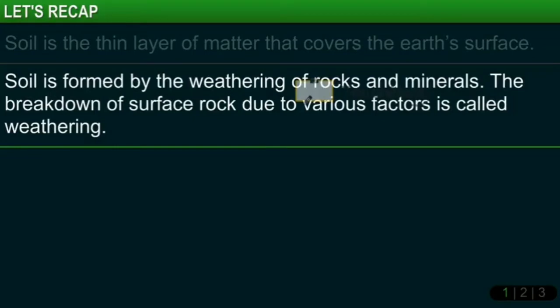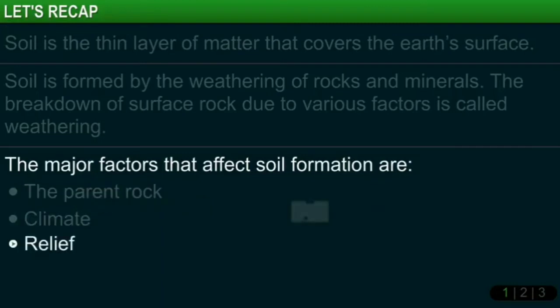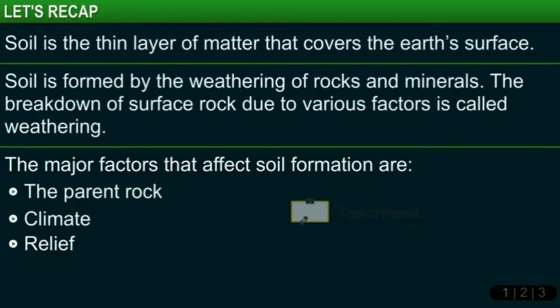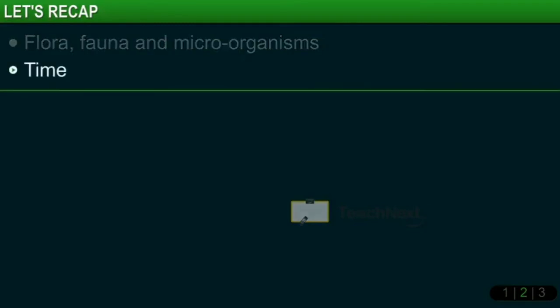The breakdown of surface rock due to various factors is called weathering. The major factors that affect soil formation are the parent rock, climate, relief, flora, fauna and microorganisms, time.